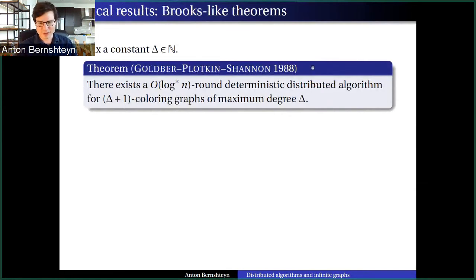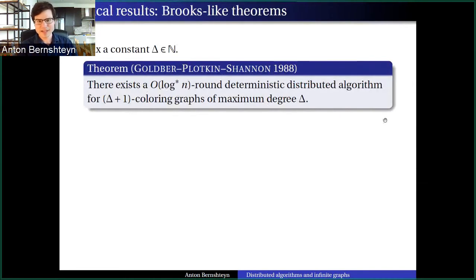That's a very old theorem, and the attribution might not be clear. I think this is the first time this appeared more or less explicitly, but it is hard to attribute properly because it's too old. The model wasn't really defined yet. But one way to interpret the result is that there's a deterministic distributed algorithm for delta plus 1 colorings of max degree delta graphs that works in an iterated logarithm number of rounds.